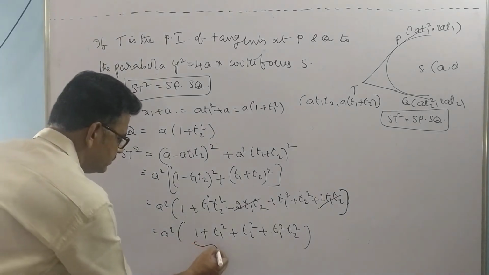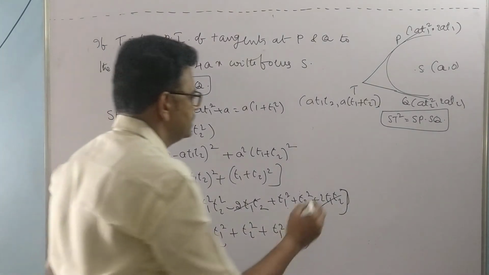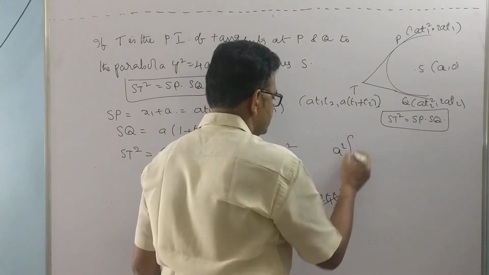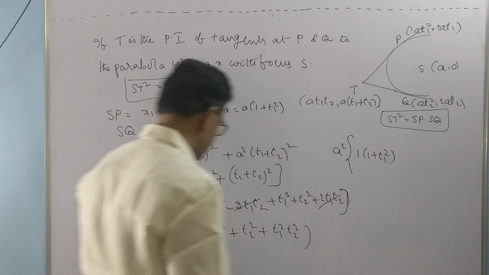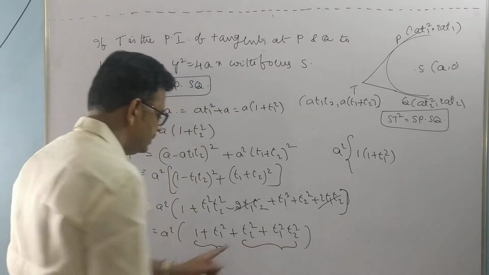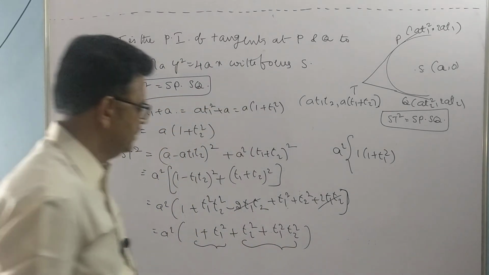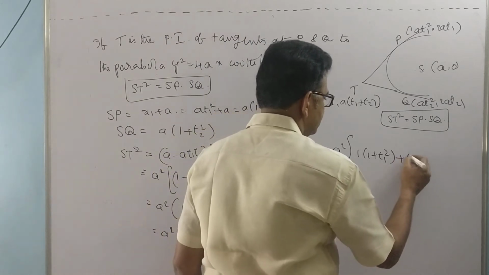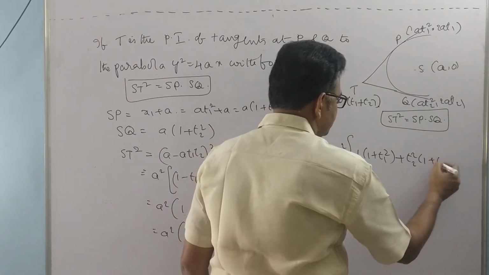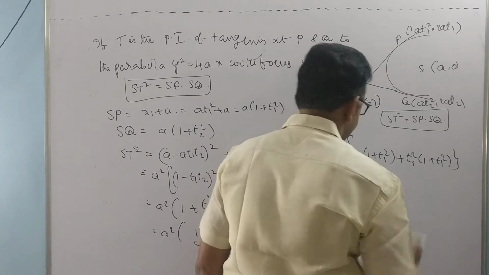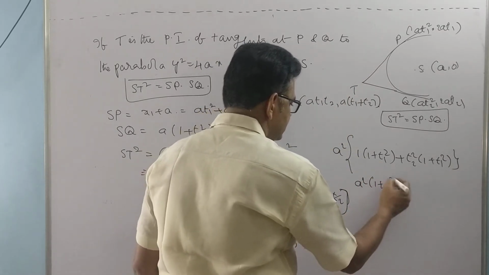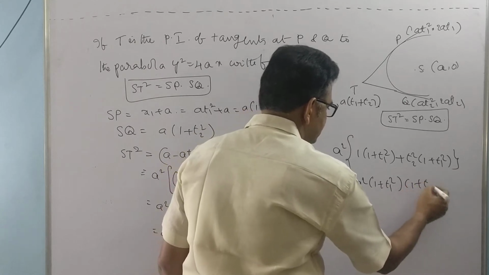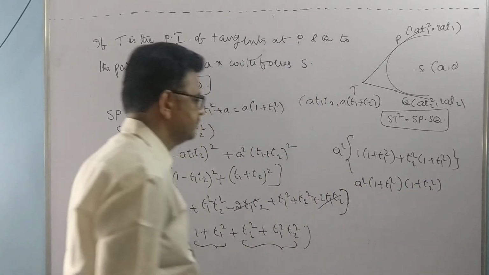Now take 1 plus t1 square common from the first two, and t2 square common from the other two, so that is 1 plus t2 square into 1 plus t1 square. So this is a square into 1 plus t1 square into 1 plus t2 square.